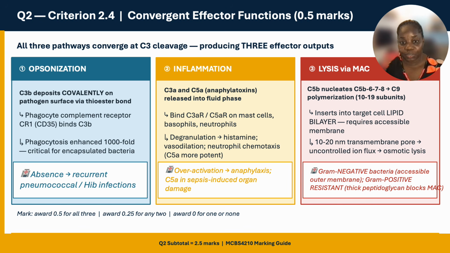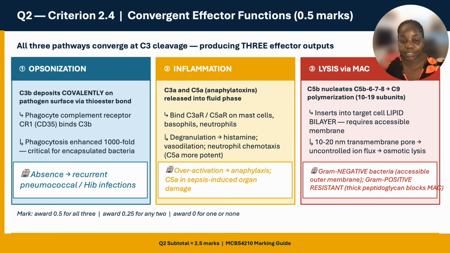Regarding inflammation, you have this small description in each box that you can read on inflammation or anaphylatoxin. A student who mentions histamine release without explaining the mechanism is not complete.